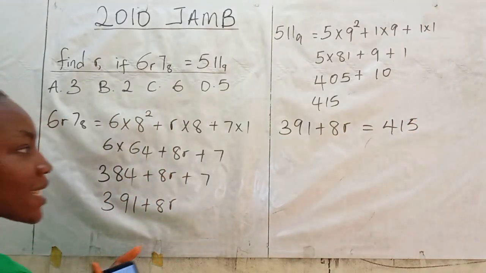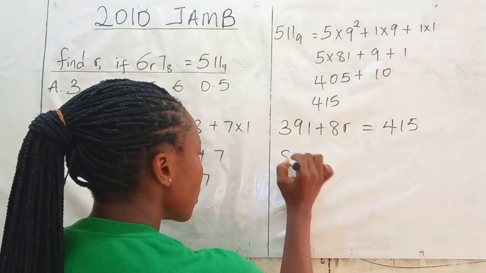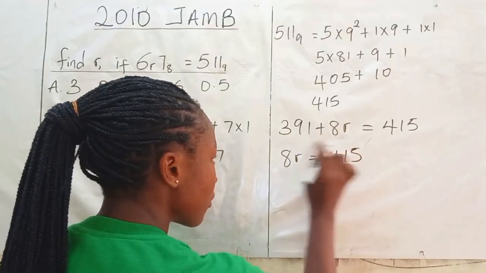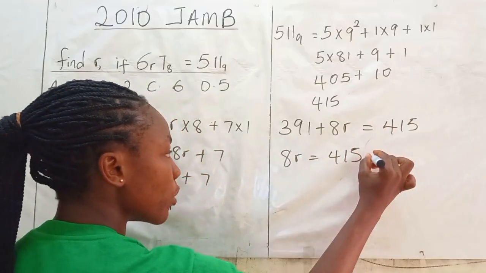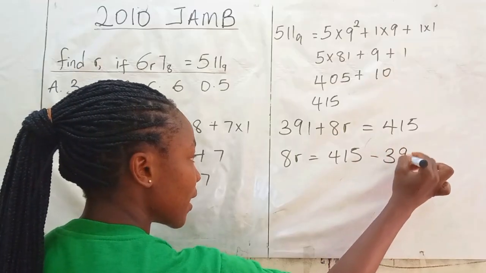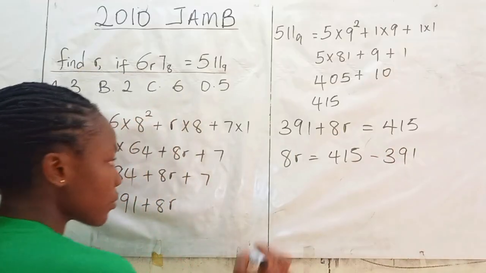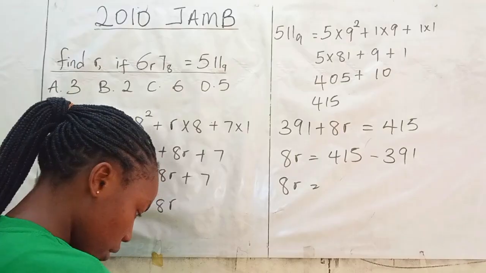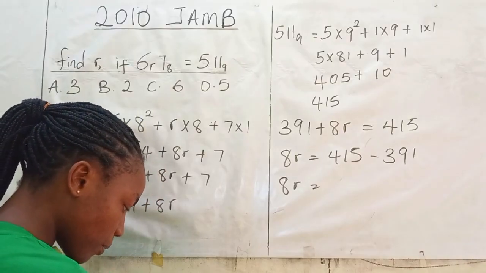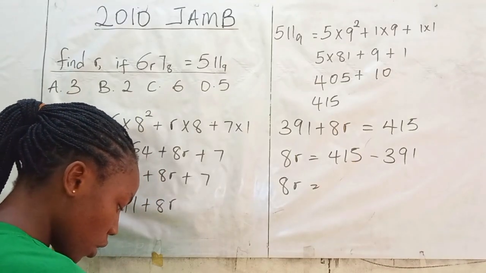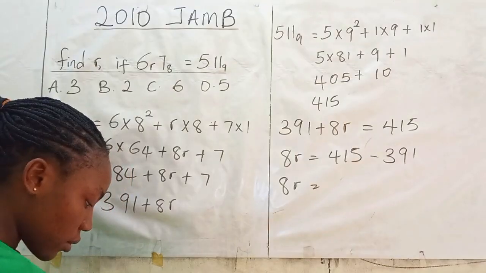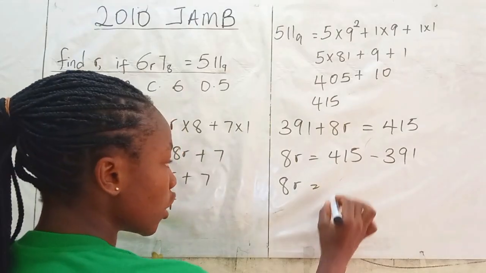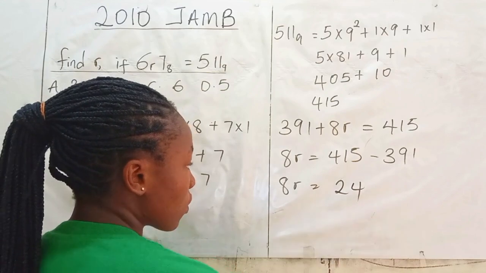All right, so collecting like terms, we have 8R equals 415, this one passes to be minus 391. 8R equals 415 minus 391, which will give us 24.